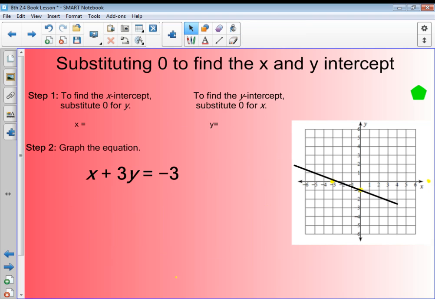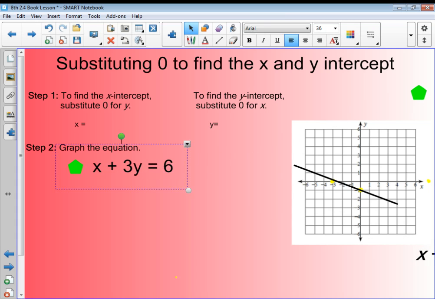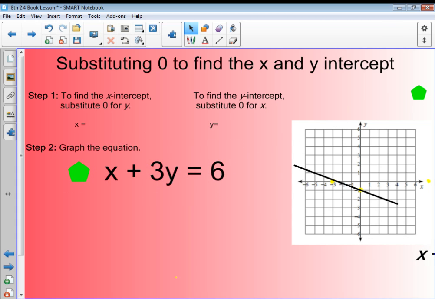Okay, so let's try another one. Our first step is to substitute in a 0 where we have either x or y. I'll substitute in my 0 where my y is. So we put a 0 in here.